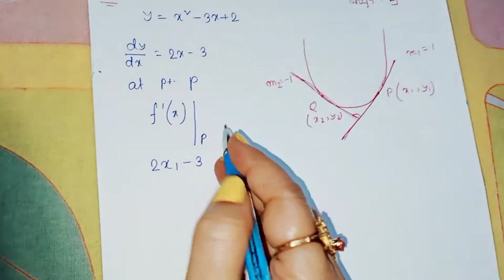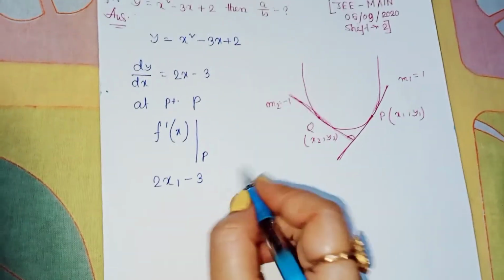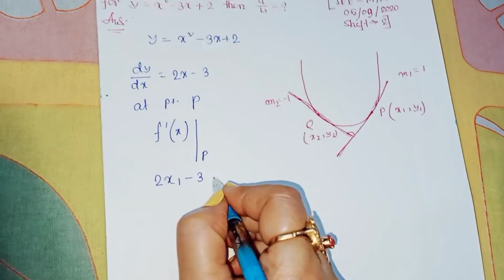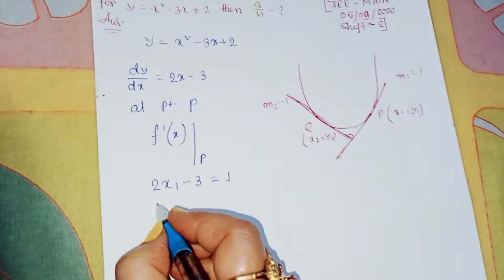This is the slope, and the slope is m1, that is equal to 1.